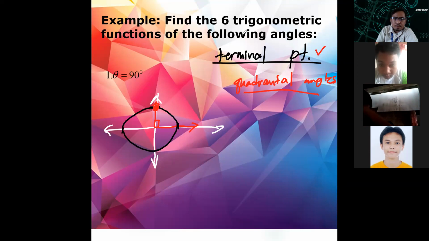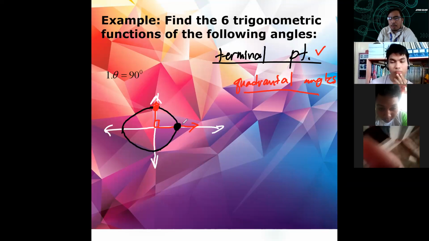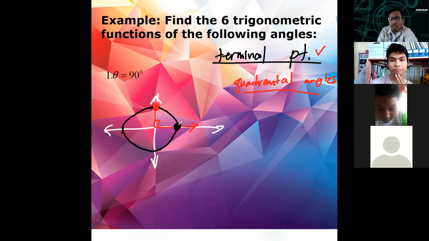Why? It is very easy in a sense that you automatically know this point. Can you tell me what is this point? 1, sir. It is a point, so it must have an x and y coordinate. Yes, correct. Its x is 1, and its y? 0, sir. Very good.